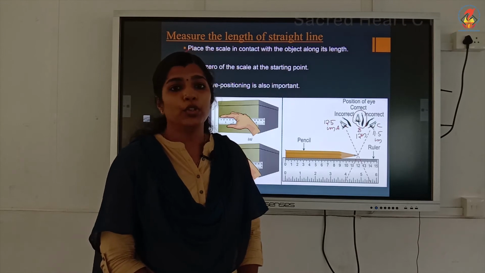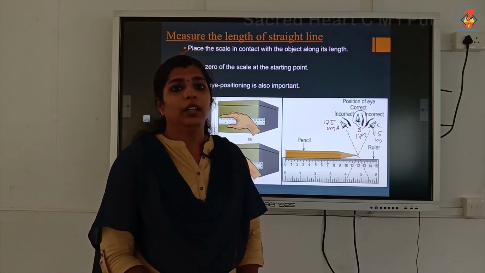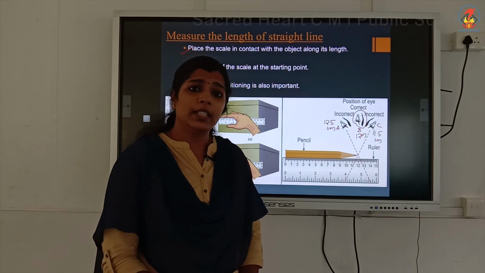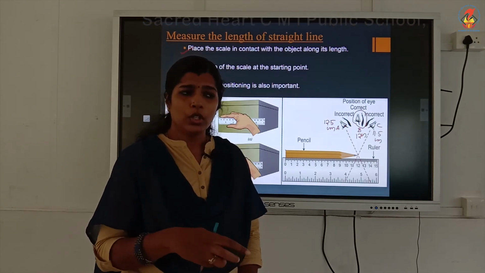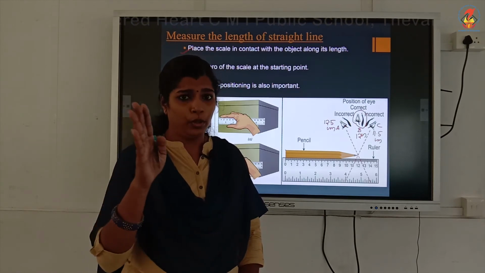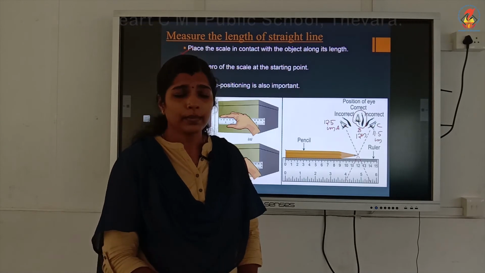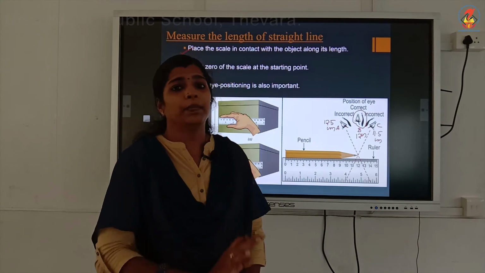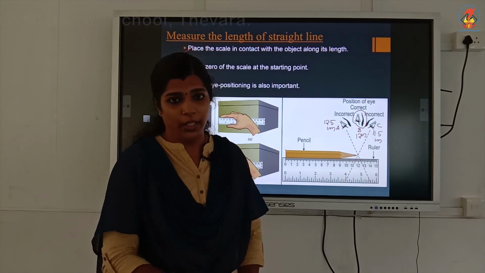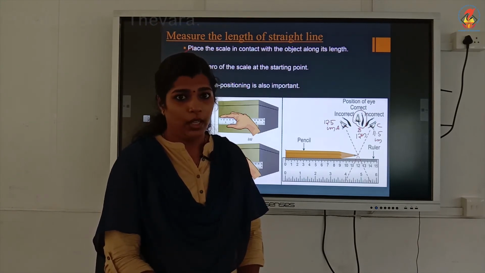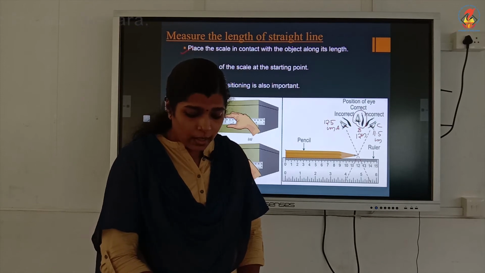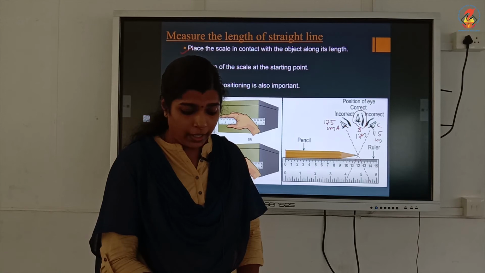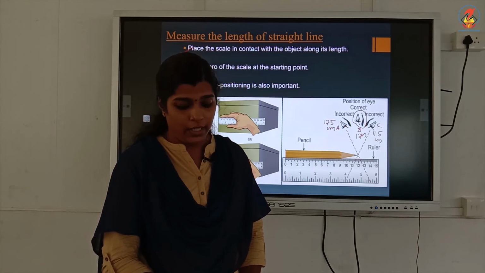If your scale is broken and it starts from 2, you will take the measurement from 2 onwards. From the final measurement, you just subtract that 2 centimeter. Okay. To get the length, subtract the reading from this full mark from the reading at the other end.